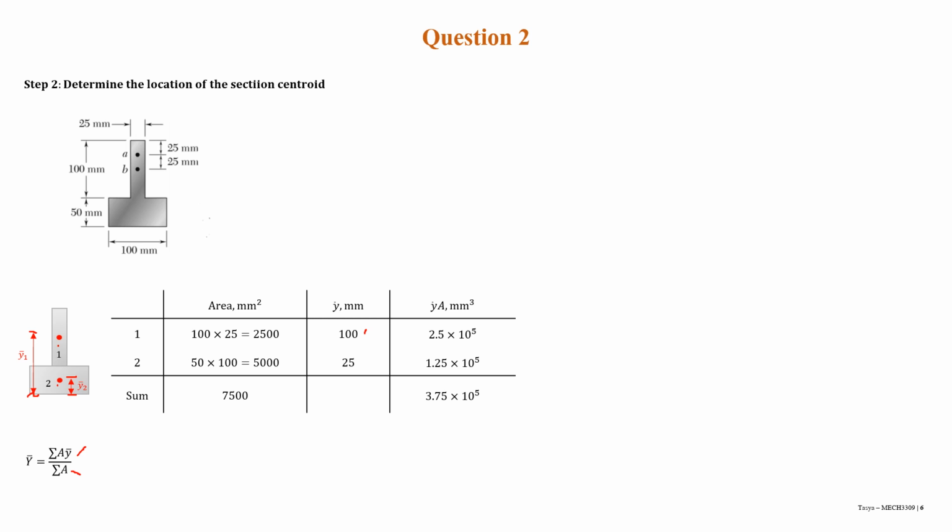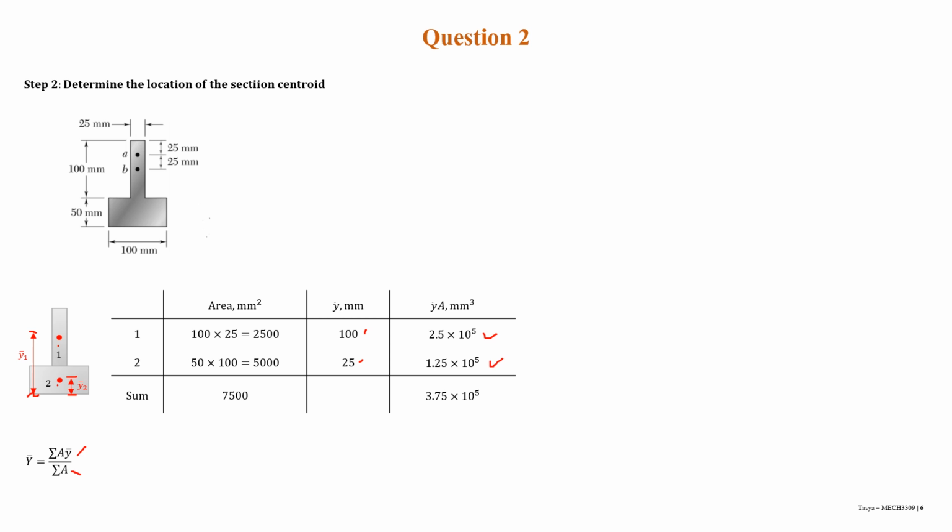So we multiply them, the answer will be 2.5 multiplied by 10 to the power of 5. For area 2, the height is 50, the base is 100, so the area will be 5000, and the y measured is 25 millimeter. We multiply them up, and the y multiplied by A is 1.25 times 10 to the power of 5.